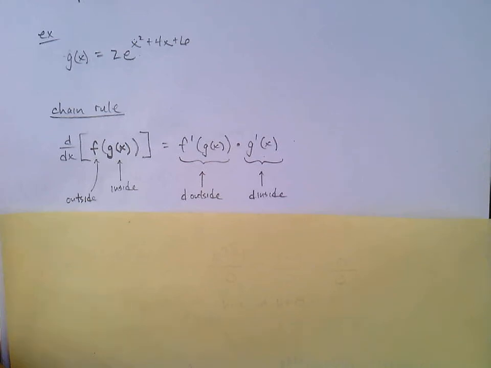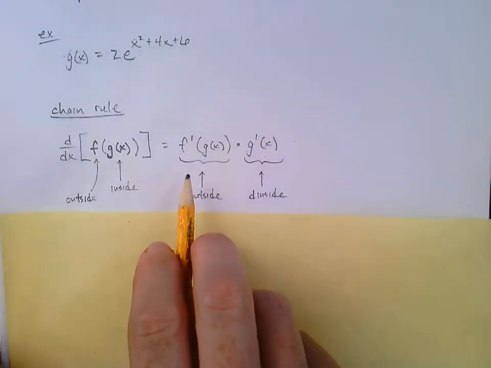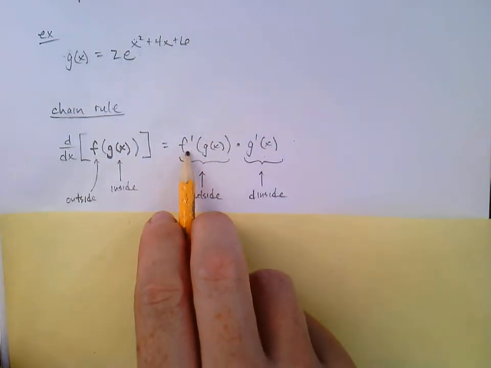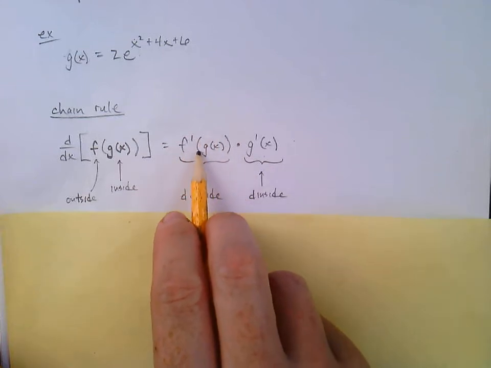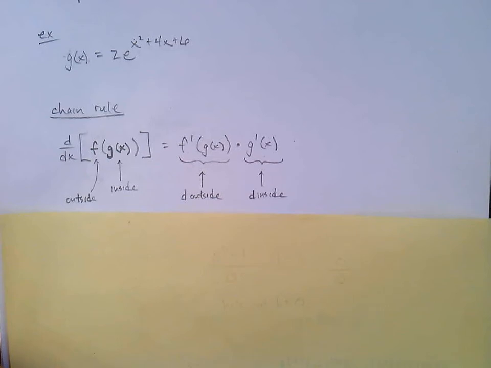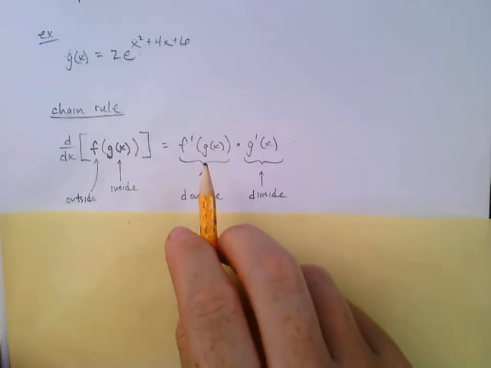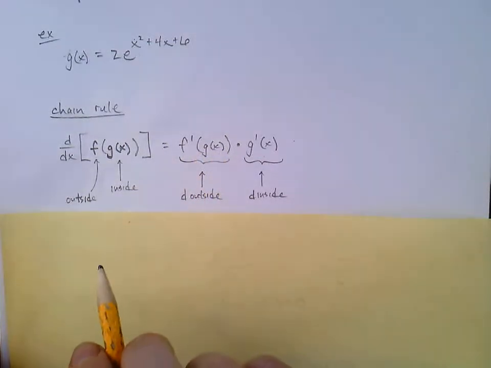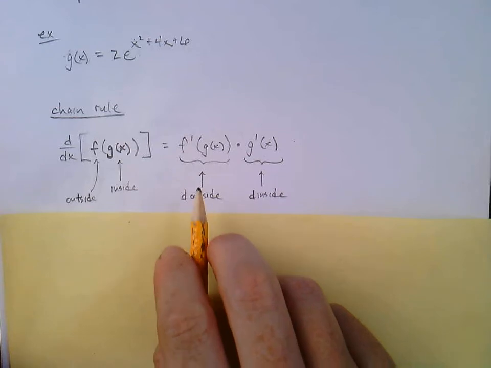One thing you have to be very careful about is that when you take the derivative of your outside, you're always copying the g of x within it. Of course we're going to see those examples very shortly. There's a common mistake to try and do both derivatives in the same step. But don't do that.